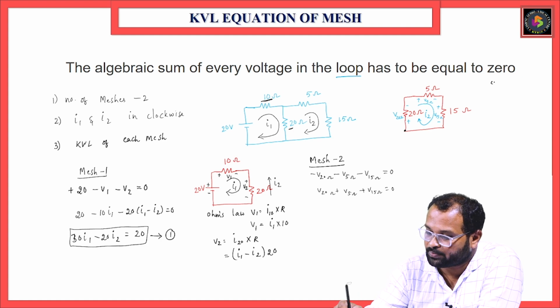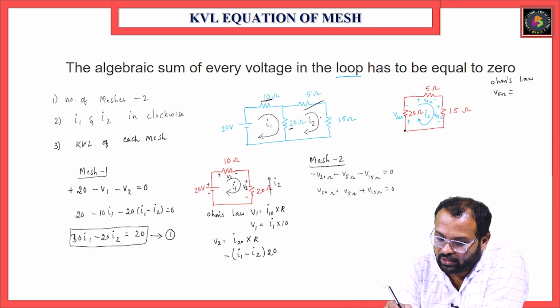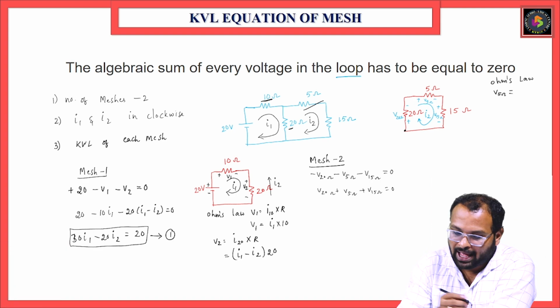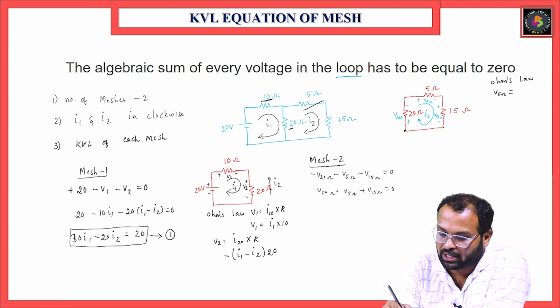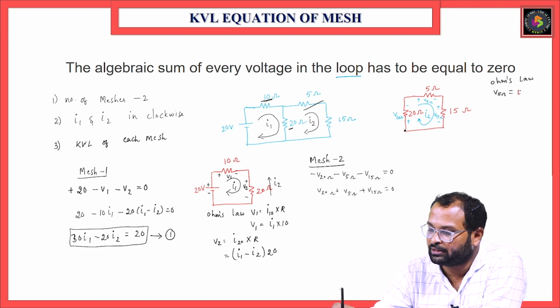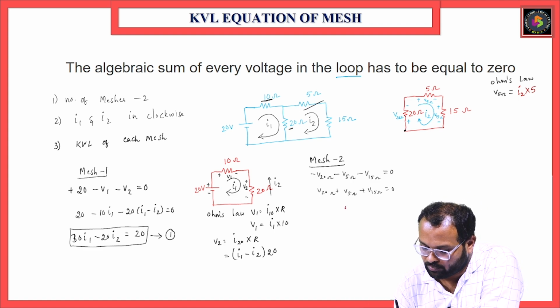So according to Ohm's law, what is V5 ohms? The 5 ohms is only in mesh 2, so the current through it is only I2. The current is I2 and the resistance is 5 ohms, so V5 ohms becomes 5I2, and it is in plus.